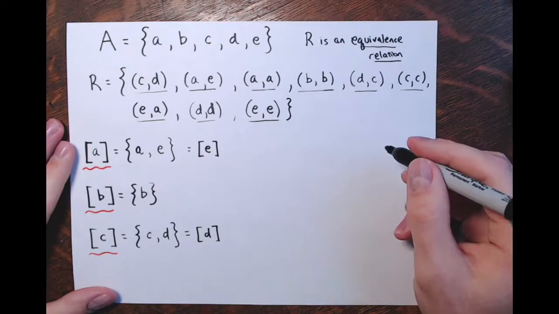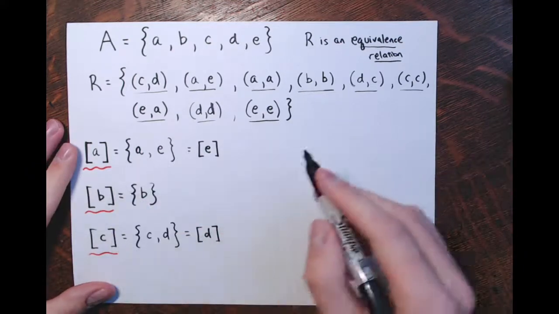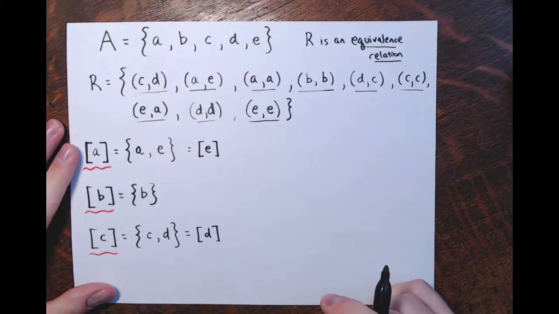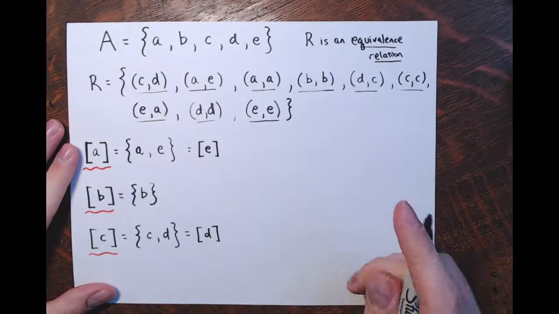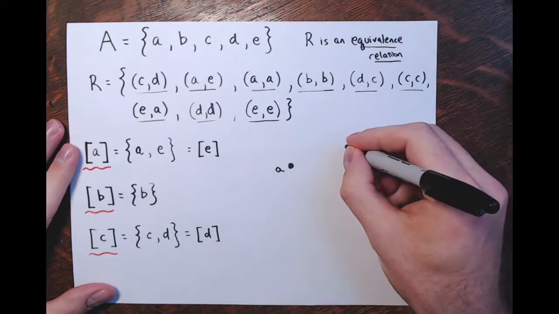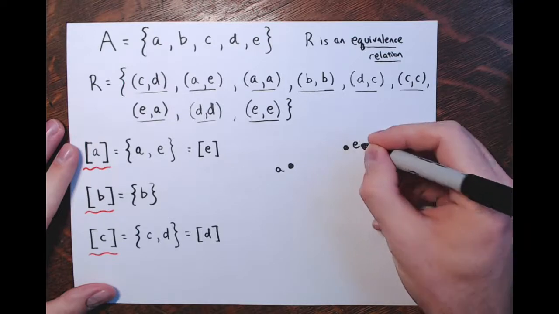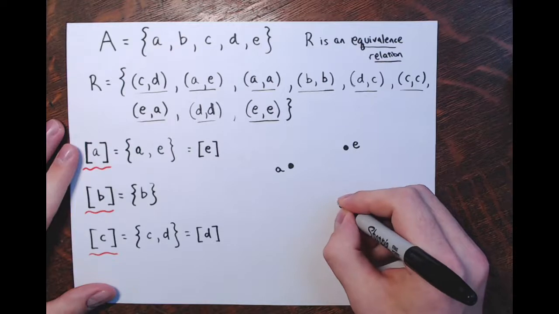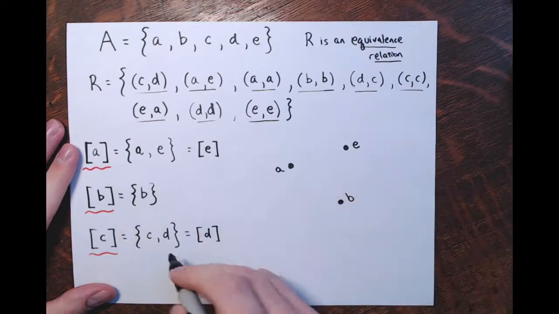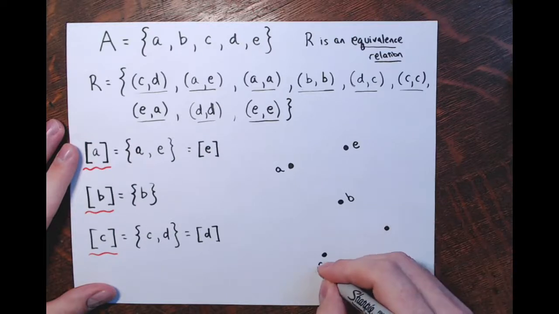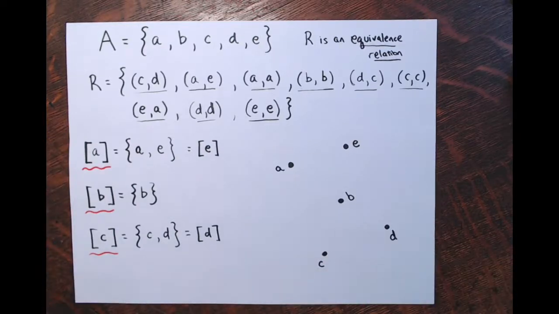And if I want to make a graph, I'm going to make it so you can very clearly see the partition. You can see the breaking up of set A into separate non-overlapping pieces. So say here's element A, and element E. And then here's element B, and then elements C and D. I'll start drawing these relationships.